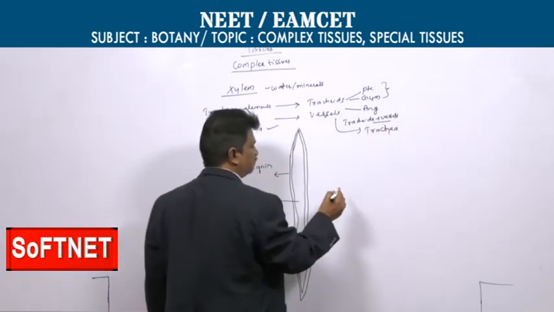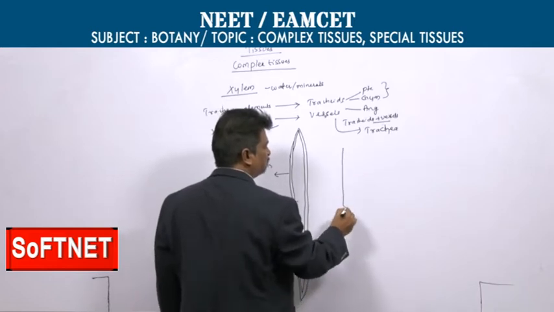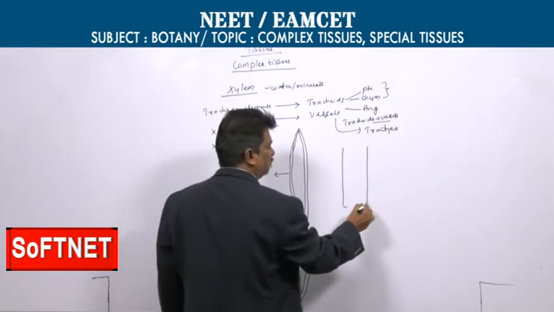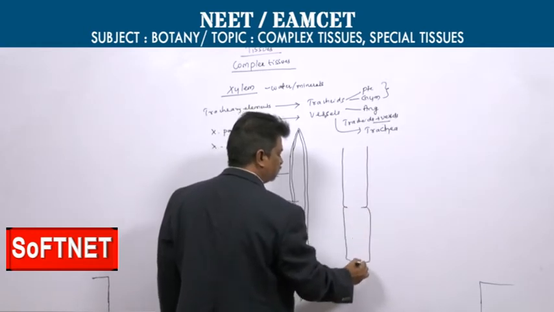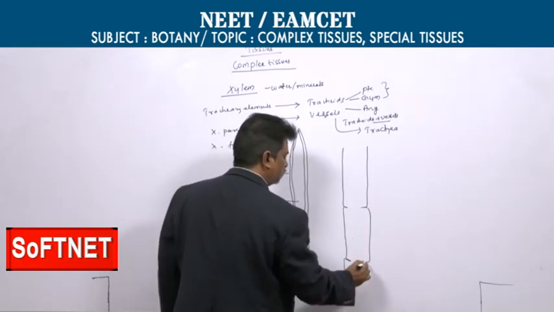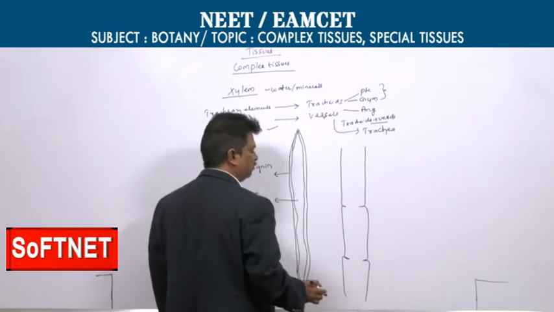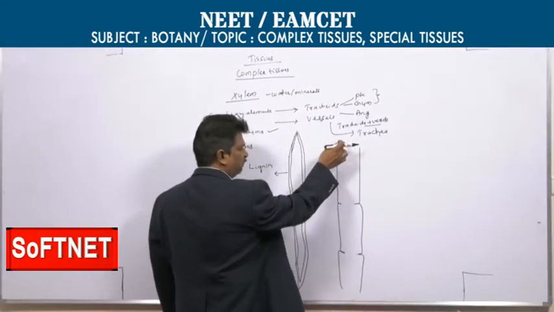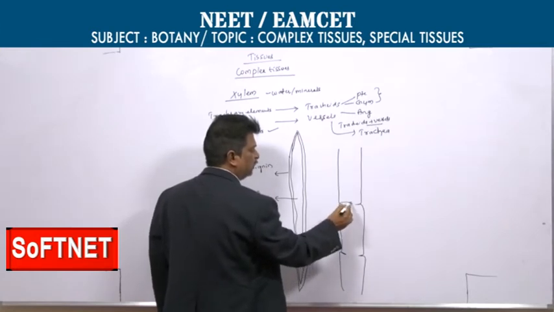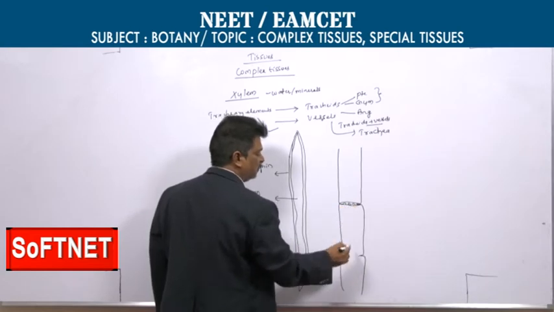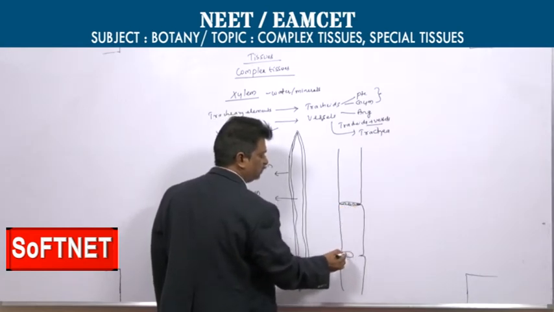And what is a vessel? A vessel is made of many xylem elements or xylem cells, all placed one above the other and forming a row of cells. Then in the end walls, perforations are formed.